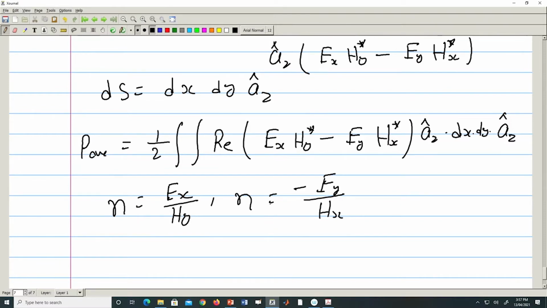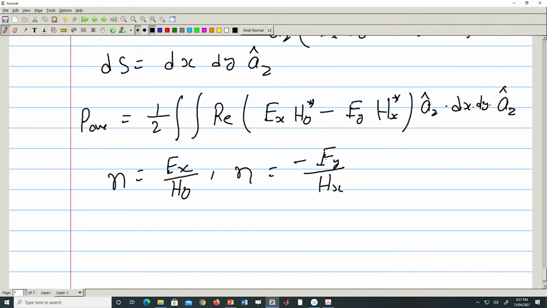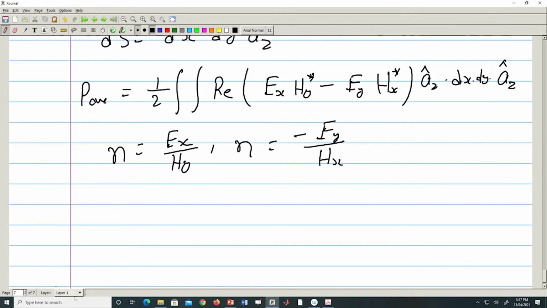That means Ex into Ex star, that means mod of Ex square. Here we will substitute Hx star, that will be minus Ey star divided by eta, and Ey into Ey star will be mod of Ey whole square. So, after substituting this we will get the power average.